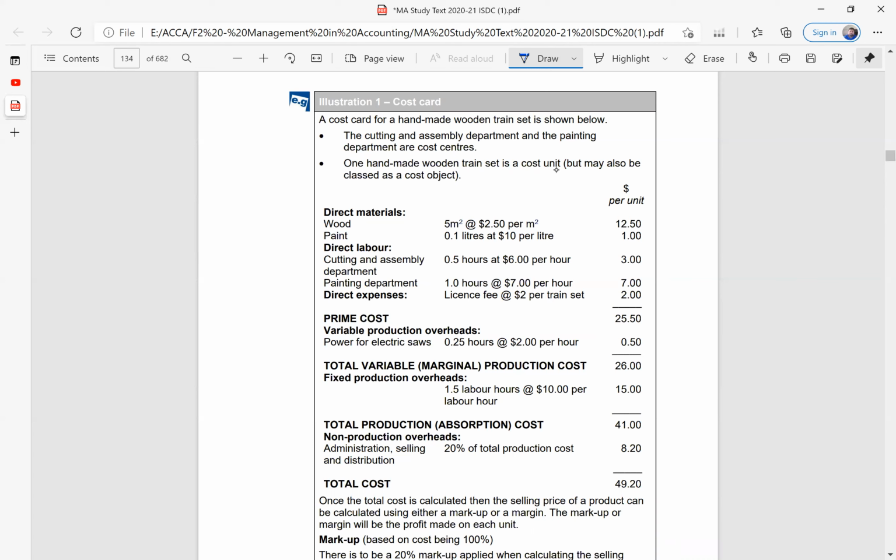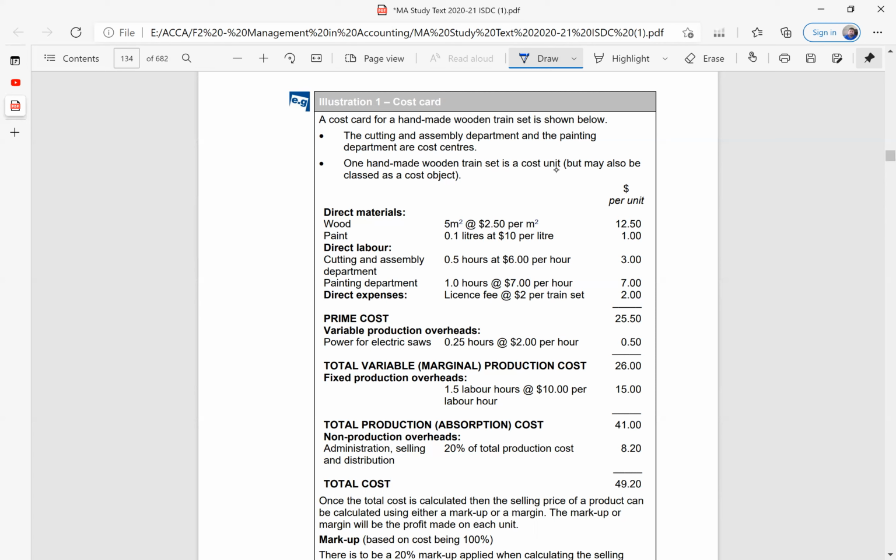For paint, 0.1 liters are being used at $10 per liter. So this becomes 0.1 into 10. This would be $1. Now for labor also, for cutting and assembly department, they have 0.5 hours at $6 per hour. So 0.5 into 6 becomes 3.